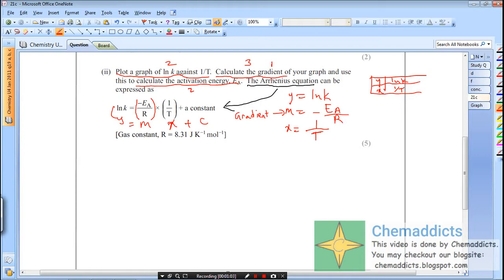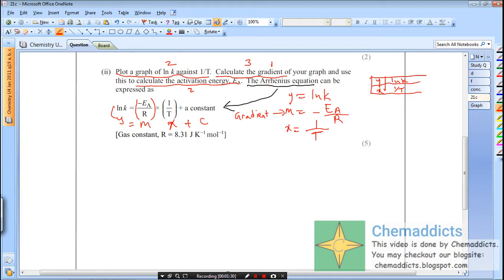From the Arrhenius equation we can see that ln k is equal to this multiplied by this plus a constant. If we compare this with a straight line, ln k is y, minus Ea is m, x is 1 by T, and the constant is the constant. So here m is the gradient.